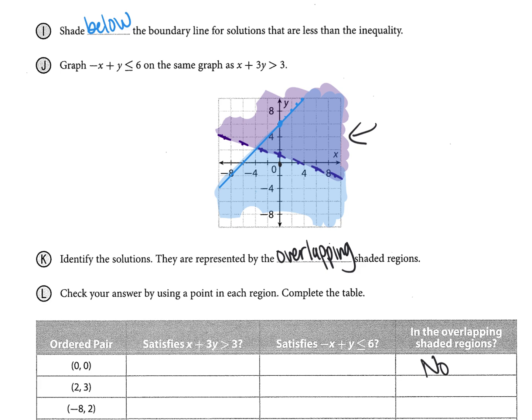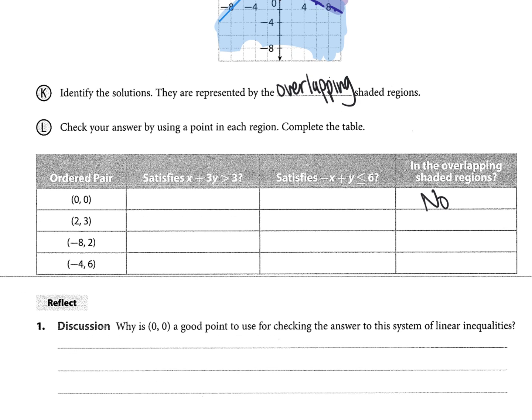We'll plug it in. 0 plus 3 times 0, that's just 0. Is 0 greater than 3? No. How about negative 0 plus 0? That comes out to 0. Is 0 less than or equal to 6? Yes, 0 is less than 6. So it's a solution to the blue inequality.